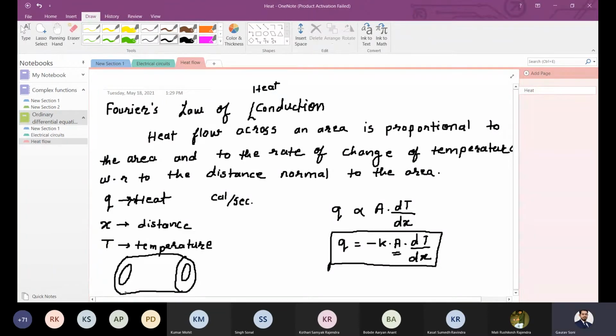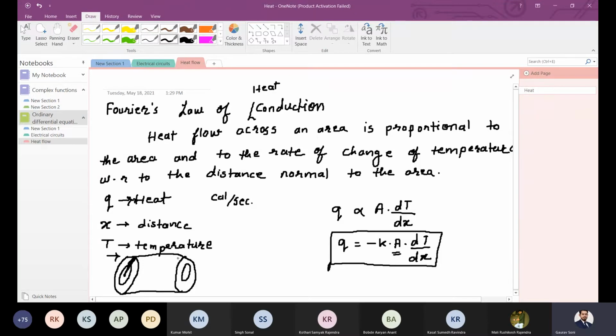We will have some temperature inside, and outside is some temperature, room temperature, outside this pipe. Inside the pipe, the steam will have some temperature T1, T2, whatever. It will have some distance from the center to the outer covering, and from the center to the inner covering. Whatever heat is going to flow will flow through the surface of this pipe.